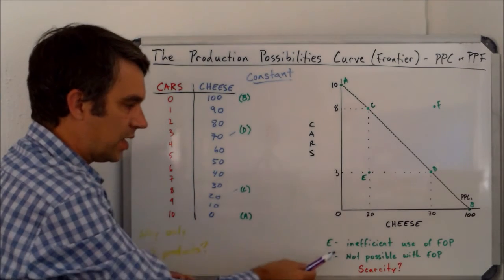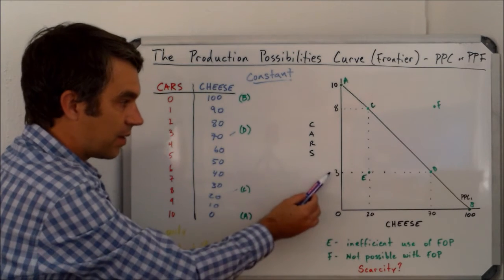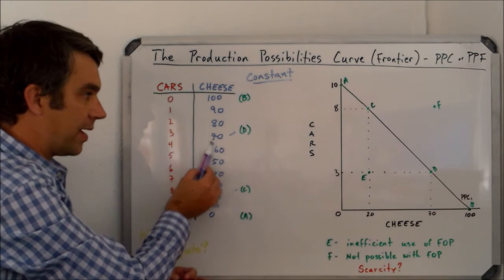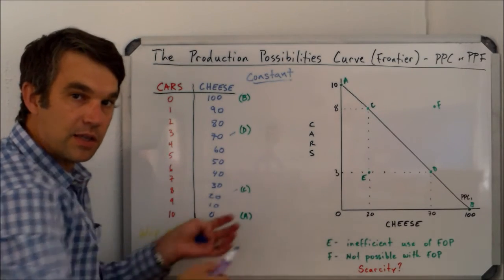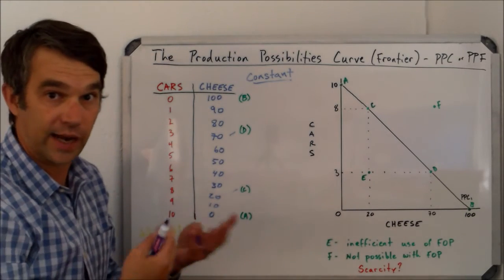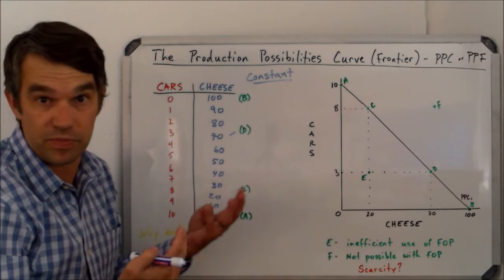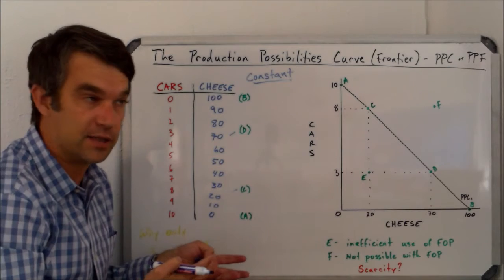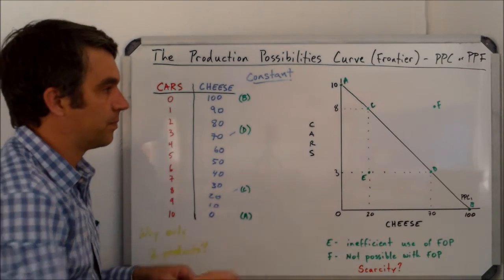What that means at point E is we're not making efficient use of our resources. That is, if I were going to make 3 cars, I could make up to 70 kilograms of cheese, but here I'm making only 20. So some of our factors of production, land, labor, capital, or entrepreneurship, are being employed in a bad way. They're not being used, people are being lazy, our machines are broken down, something like that.